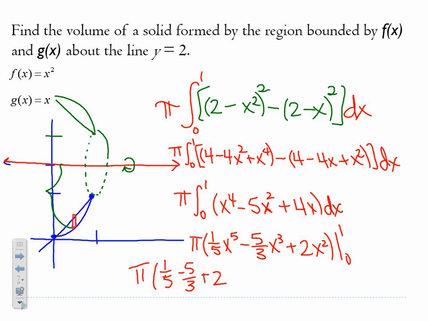We plug in 0 and get 0. So now you need to add these. Common denominator would be 15, right? So we have 3/15 minus 25/15 plus 30/15. That's 8/15.